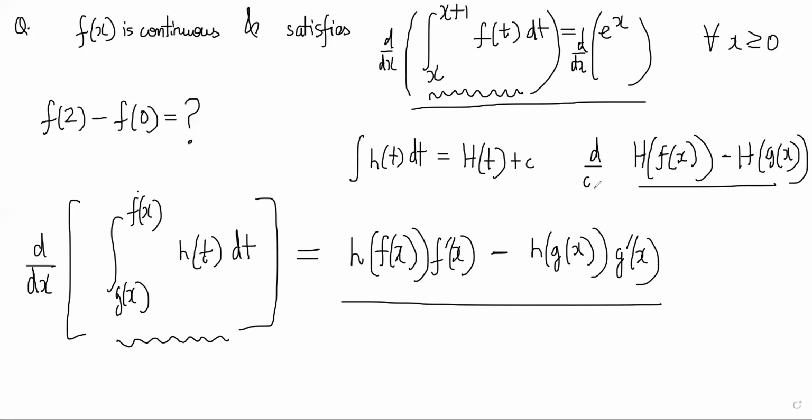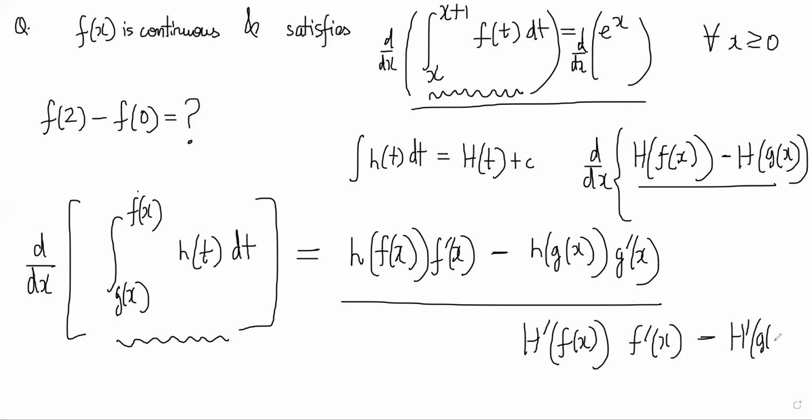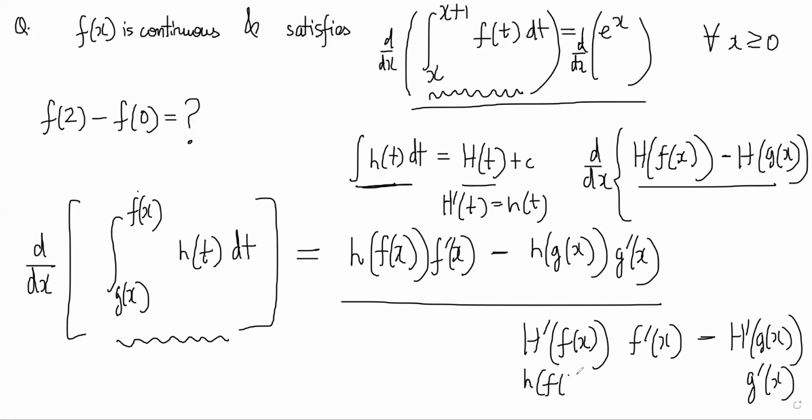Then you differentiate this using the chain rule, so you get H'(f(x)) into f'(x) minus H'(g(x)) into g'(x). If H(t) is the integral of h(t), H'(t) is equal to small h(t). So capital H'(f(x)) is just small h(f(x)), multiplied by f'(x), minus small h(g(x)) multiplied by g'(x).